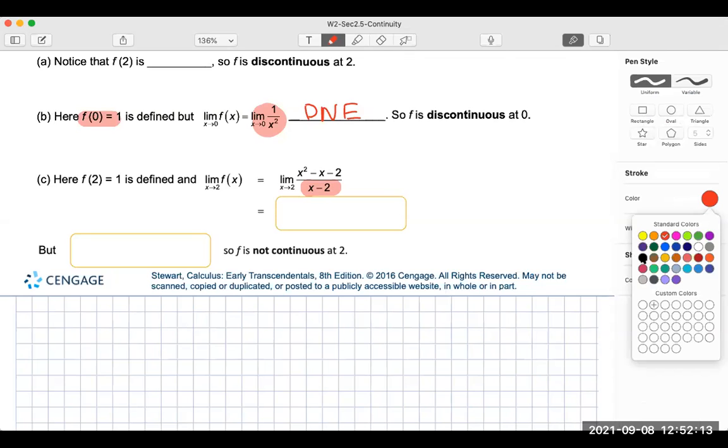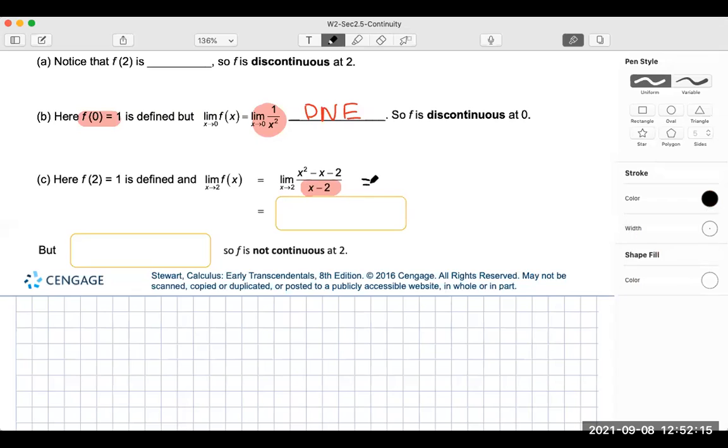How can we do it here? We should somehow factor it out, right? It means we need to write x squared minus x minus 2 as a product of something. And the trick I gave you yesterday.